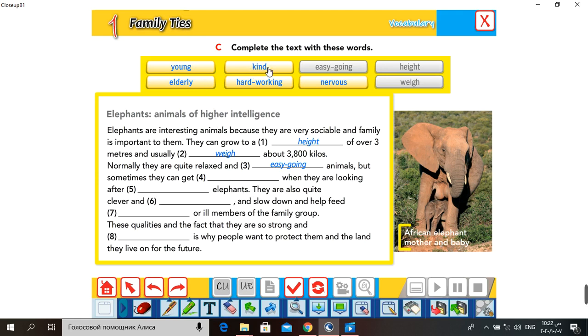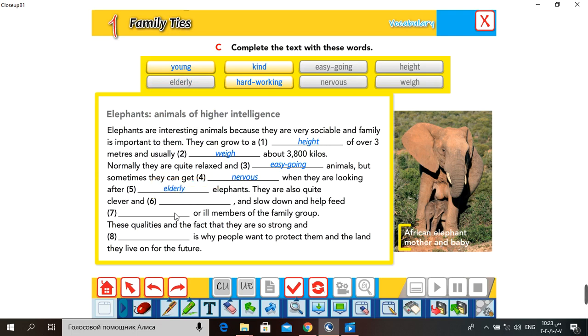Get young? Get kind? No, doesn't seem like the right word. Get hardworking? Get elderly? No, they can get nervous. The word here is nervous when they are looking after elderly elephants. After elderly elephants or young elephants, which do you think? Elderly elephants, yes, because they can be endangered.